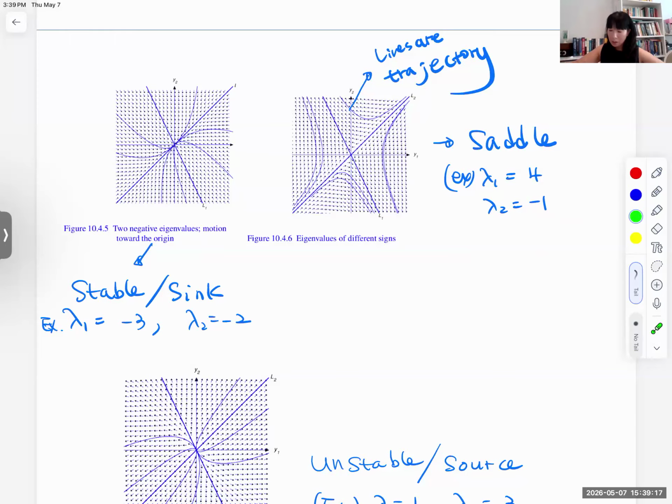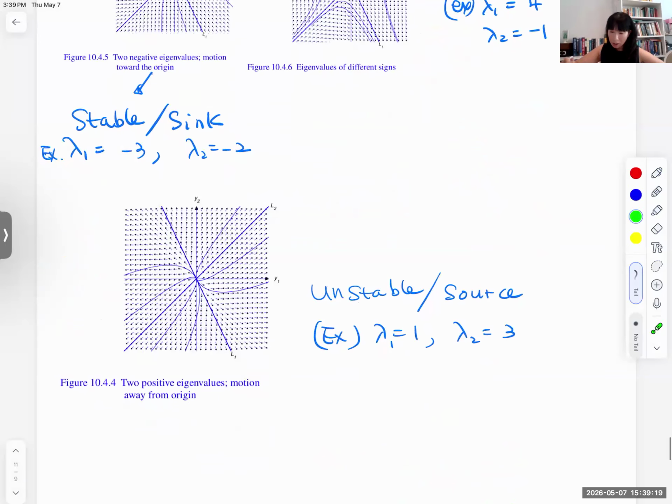All right. Okay, now the last one, we have 2 positive eigenvalues, motion away from the origin. So the first one, we had 2 negative eigenvalues, the motion toward the origin, right? But this one, 2 positive eigenvalues, away from the origin.